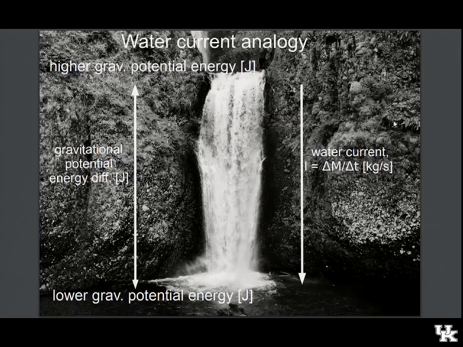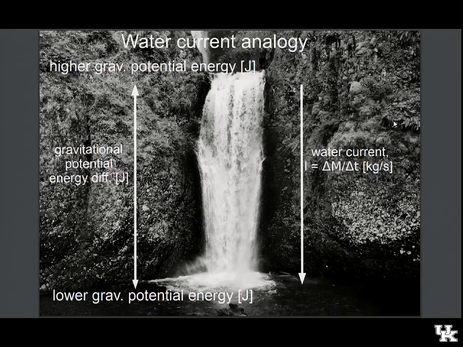And this flow of water is what we would call a water current. And we could quantify the flow of water, the water current, by defining the current to be the amount of material, the amount of mass of water that flows over the waterfall per unit of time.